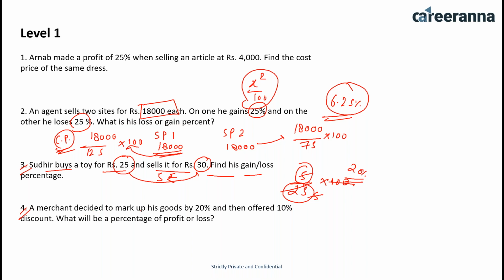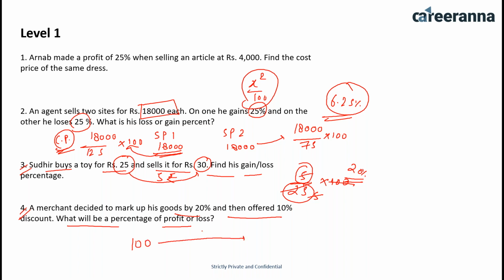A merchant decided to mark up his goods by 20% and then offer a 10% discount. What will be the percentage of profit or loss? 8% profit or 12% profit? Okay, let us understand this. Suppose the cost price is 100.